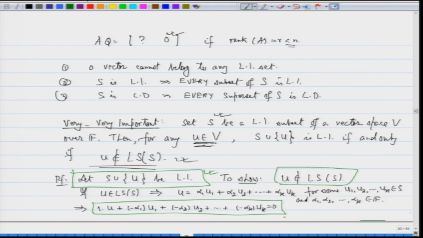On the contrary, we assumed that U is in the linear span and then got a contradiction. The contradiction is to the fact that U is in the linear span. So, we have shown that if S union U is linearly independent, then U cannot belong to the linear span of S.